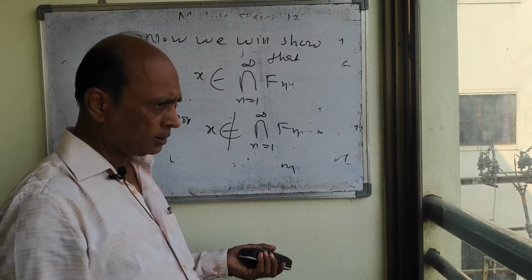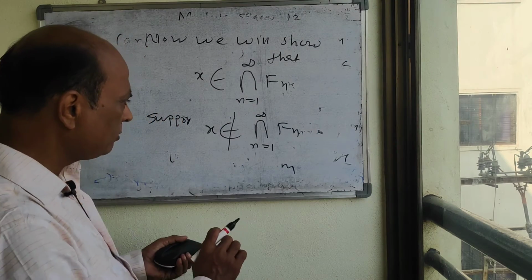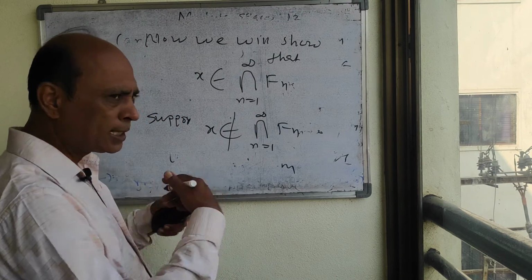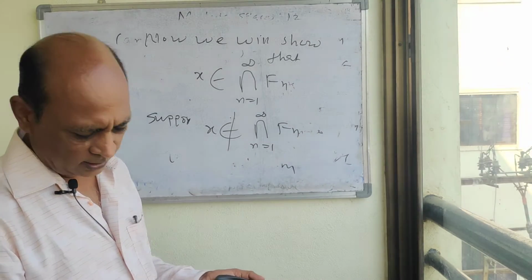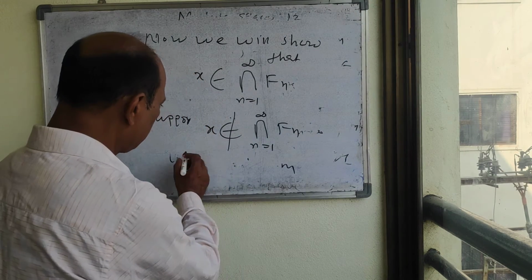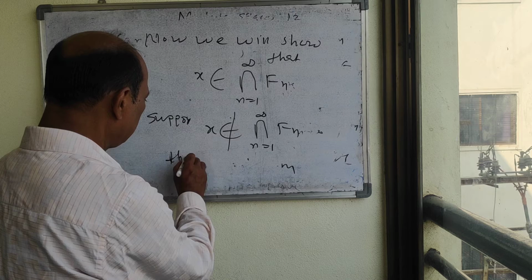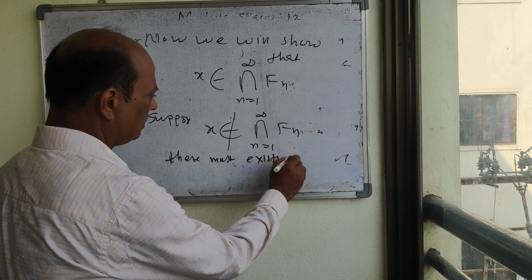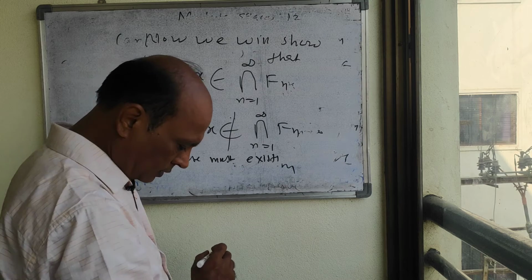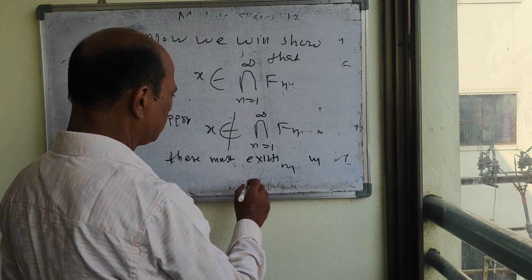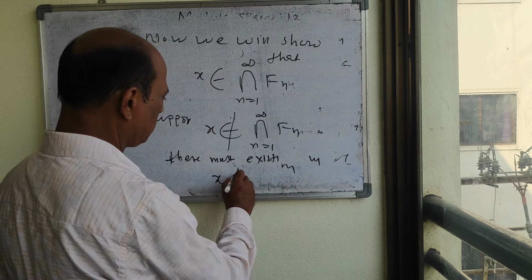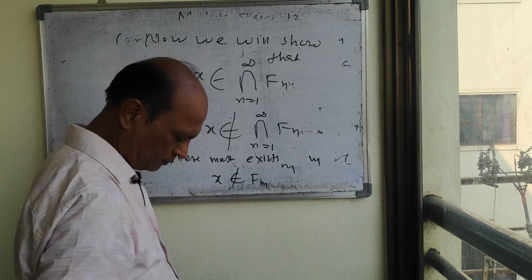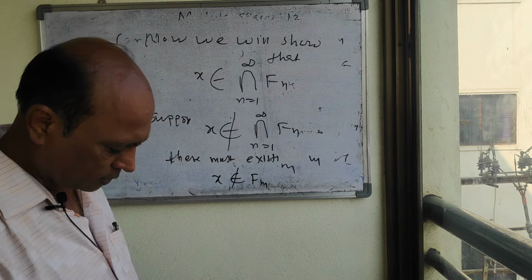It means there must be at least one m such that x does not belong to that. Therefore, there must exist a positive integer m such that x does not belong to Fm.